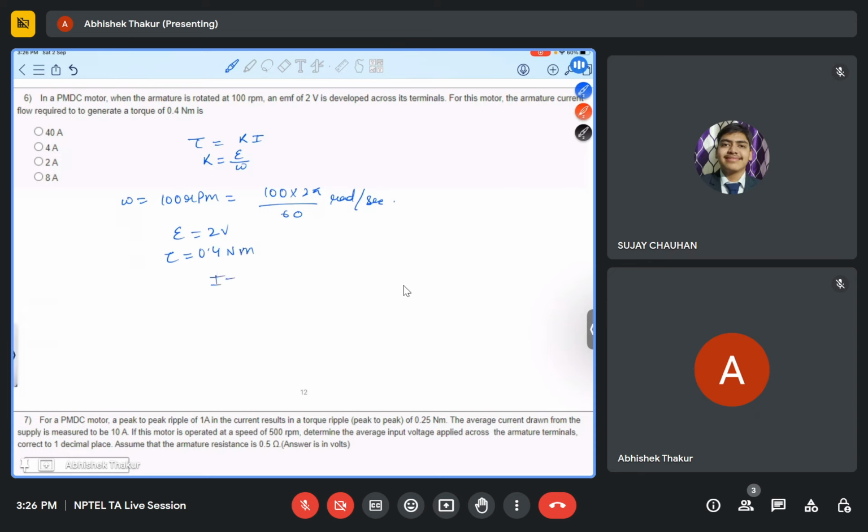So I is equal to torque by K. K is our E by W, so it will be torque into W by E. So torque is 0.4 Newton meter into 1000 into 2 pi by 60. And EMF induced is 2.